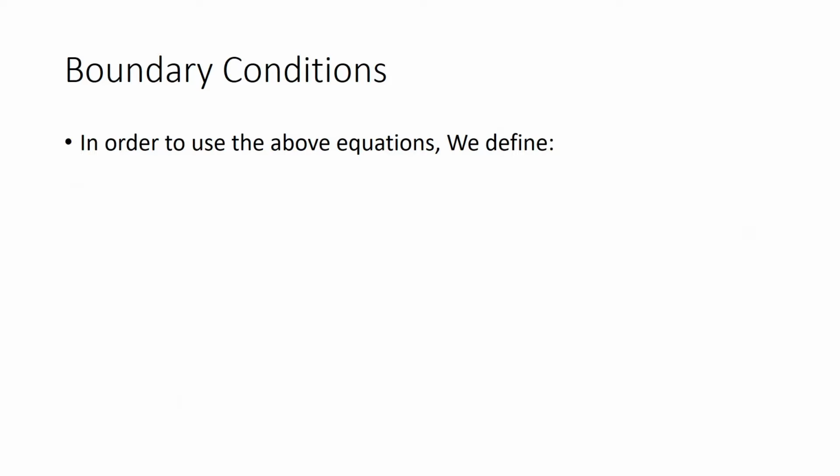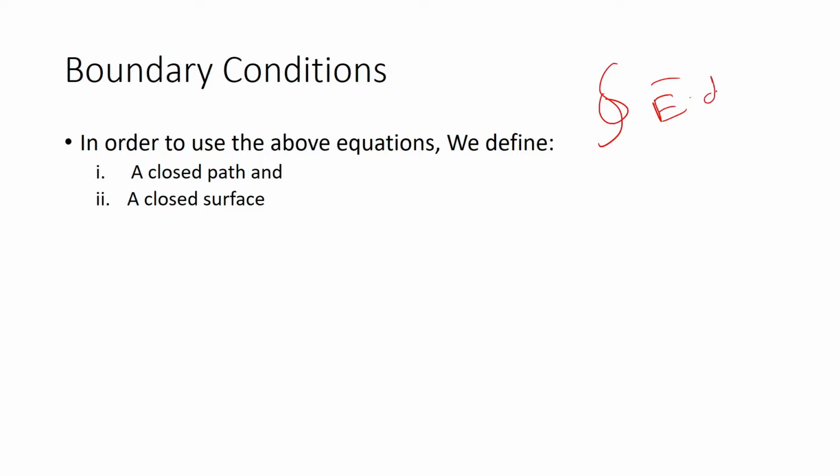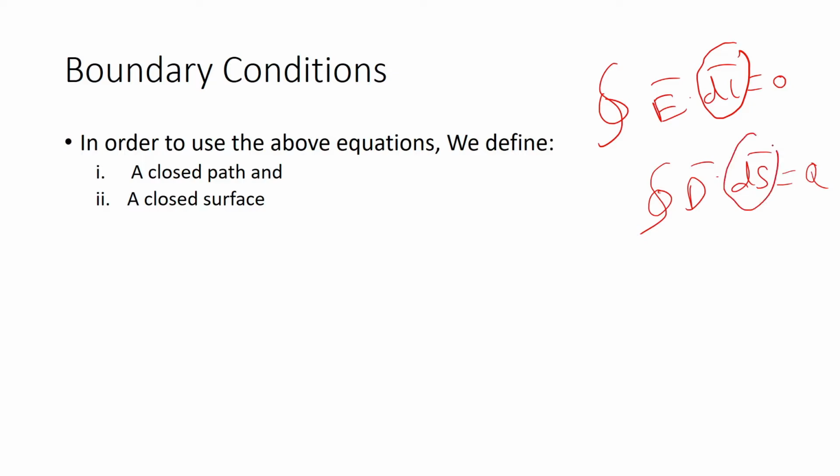But to use these equations, we need a closed path and a closed surface, because in the closed integral of E bar dot dl bar equals 0 we need a closed path, and to apply the integral of D bar dot dS bar equals Q, we need a closed surface. So let us define a closed path. We have a medium 1 and medium 2.